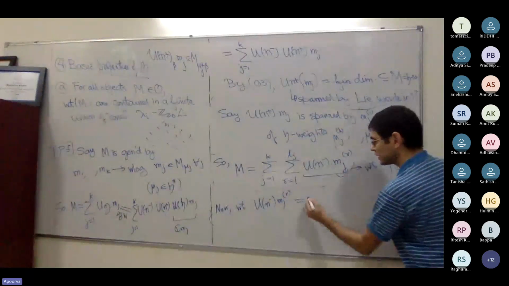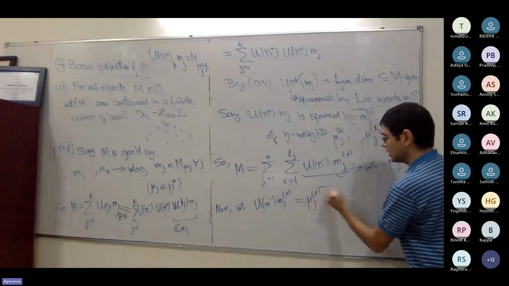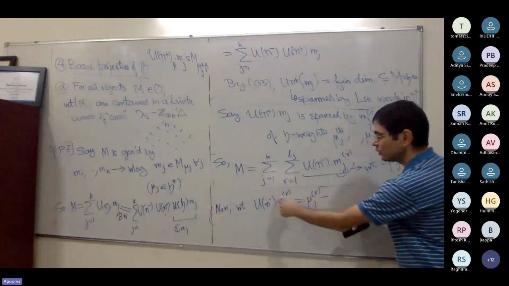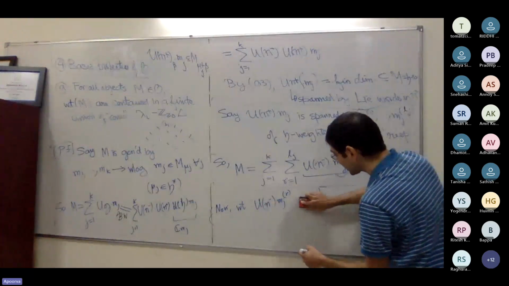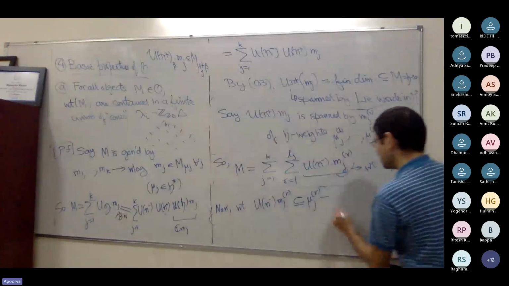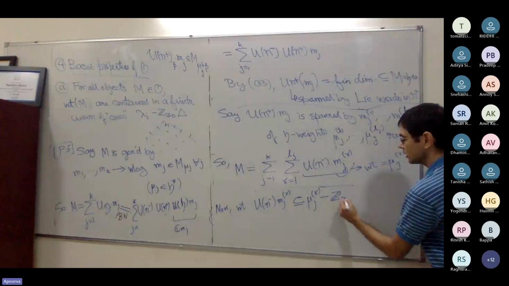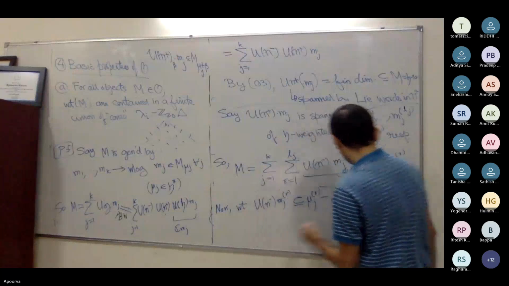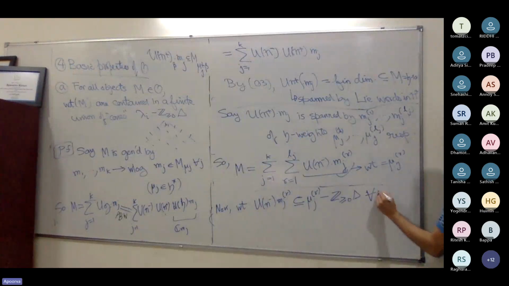It is precisely the weight of this guy, which is mu j r, and then you subtract some positive roots. So these weights are contained in mu j r minus this, for all r and for all j less equals k and r less equals lj.